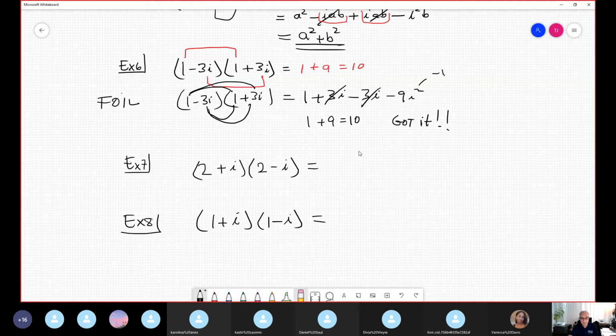What is the answer for number 7 and for number 8? Nobody? Come on, you are students. If you make a mistake, no problem. Now you can make a mistake.